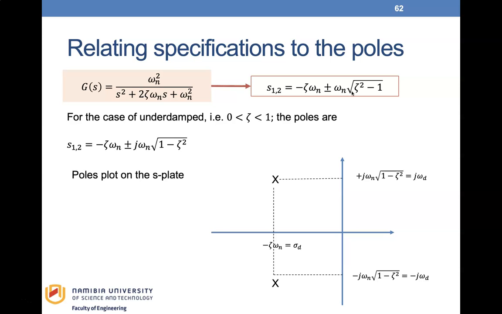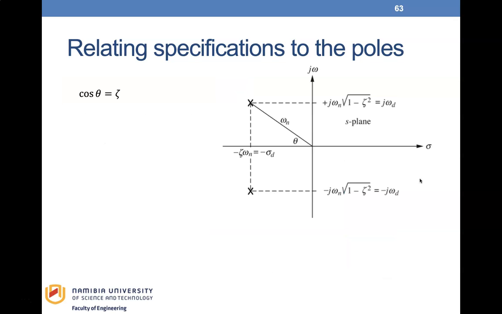We now plot these poles on the s-plane, where omega subscript d is referred to as the damped frequency of oscillation, and zeta omega subscript n is the magnitude of the real part and is called the exponential damping frequency.